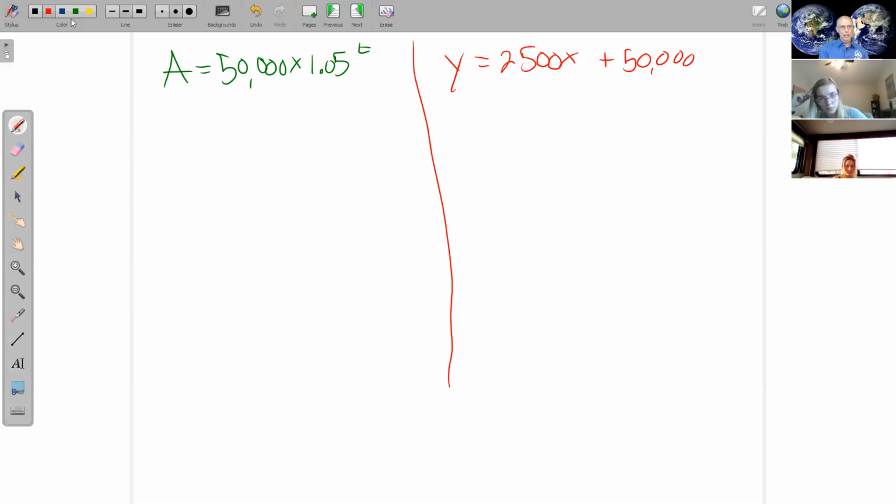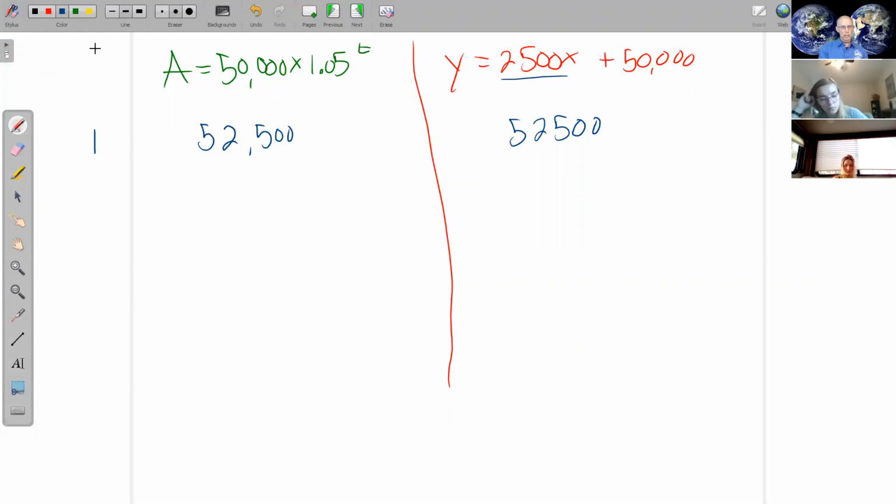And we found that in 1 year, they would match. 1 year later, this would be 52,500, and this one would also be 52,500. They're the same because 5% of 50,000 is 2,500.